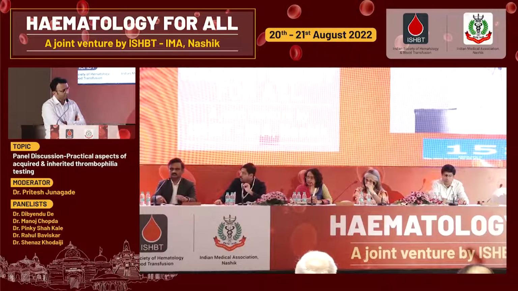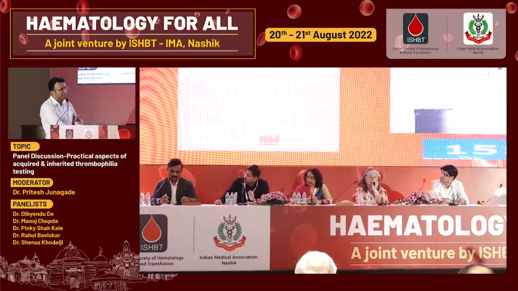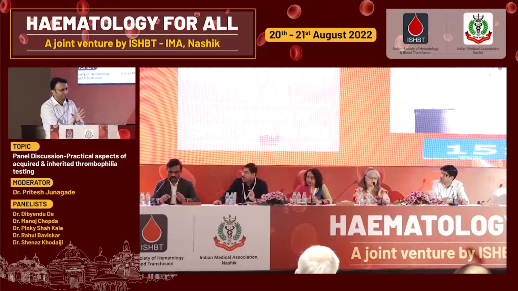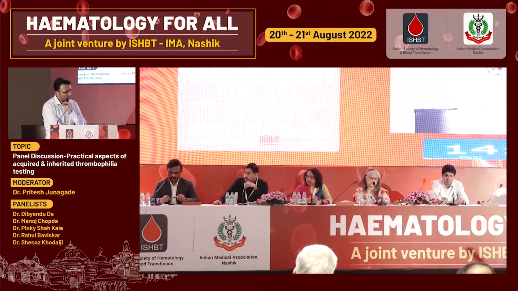So mostly before the age of 40 years, we try to do all the tests to exclude any cause. So your age limit is around 40, around 40, 45. But obviously, if there is an unusual site thrombosis, even in the elderly, we can go for thrombophilia testing.